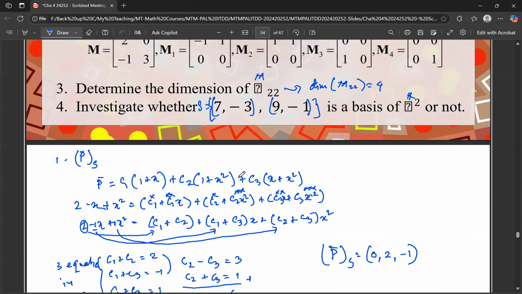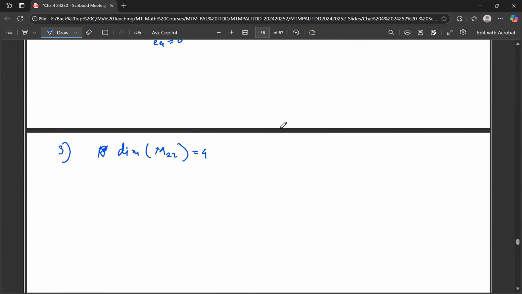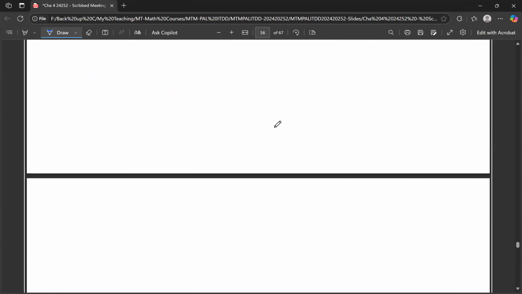Okay, number four, investigate whether this is a basis or not. It means that we must investigate whether this is a basis or not. S, with vectors including minus 3, 9, minus 1, is a basis of R2.